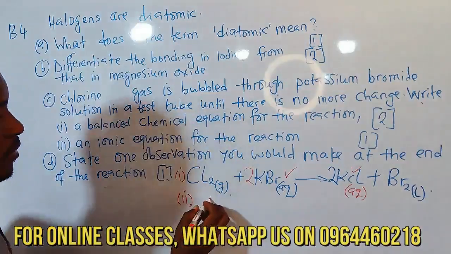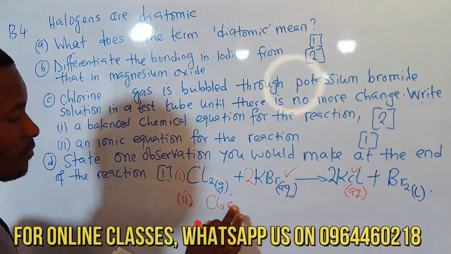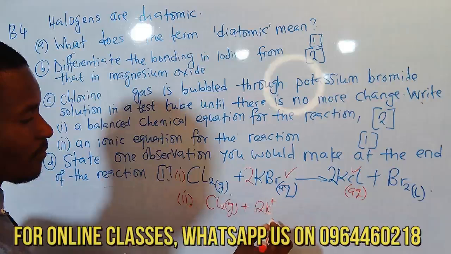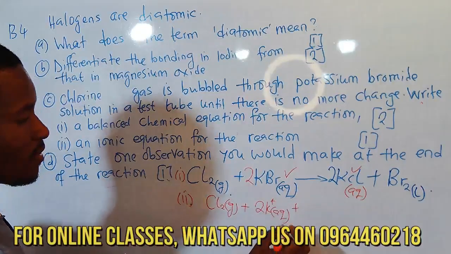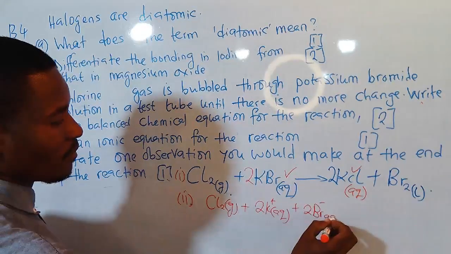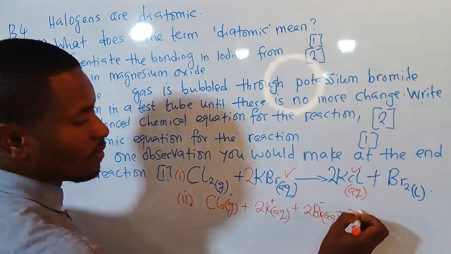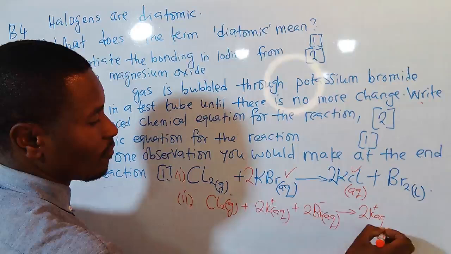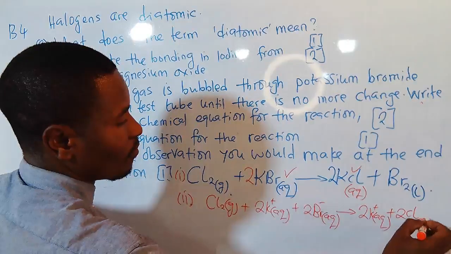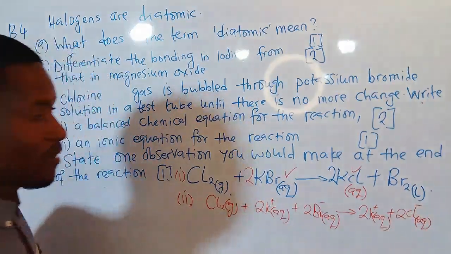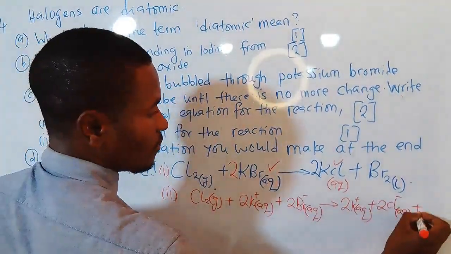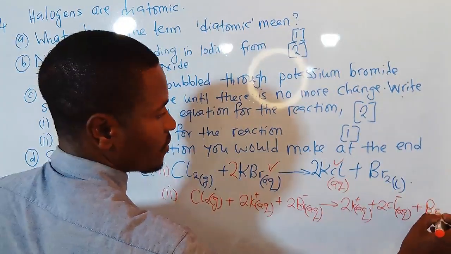So the potassium is a metal, plus 2 bromide ions, aqueous, and also the 2 potassium ions, aqueous, plus 2 chloride ions, aqueous. And lastly, the bromine is in liquid form, so just leave it the way it is.